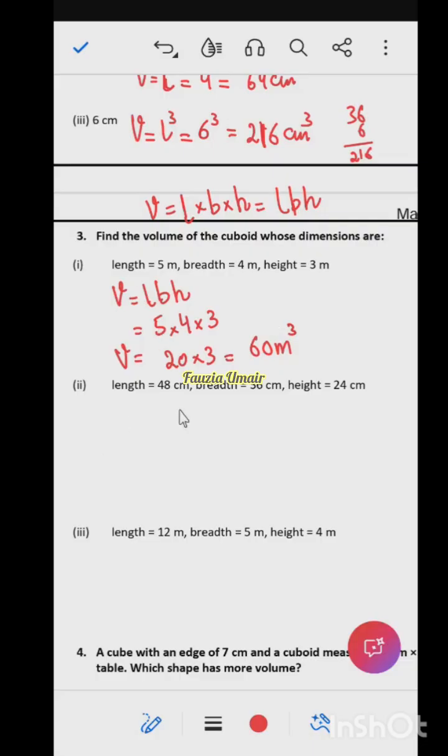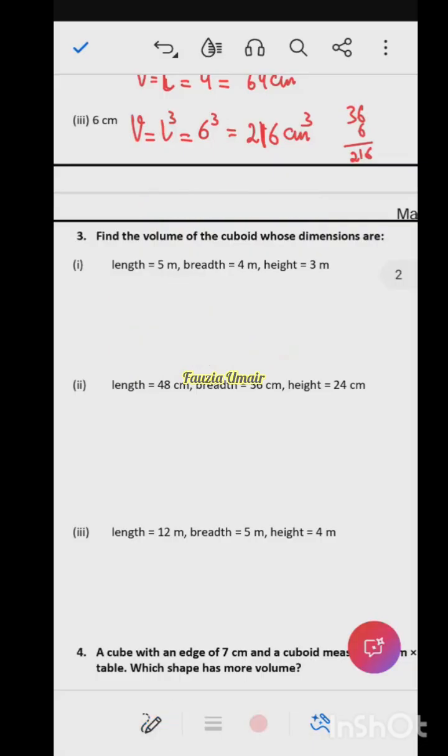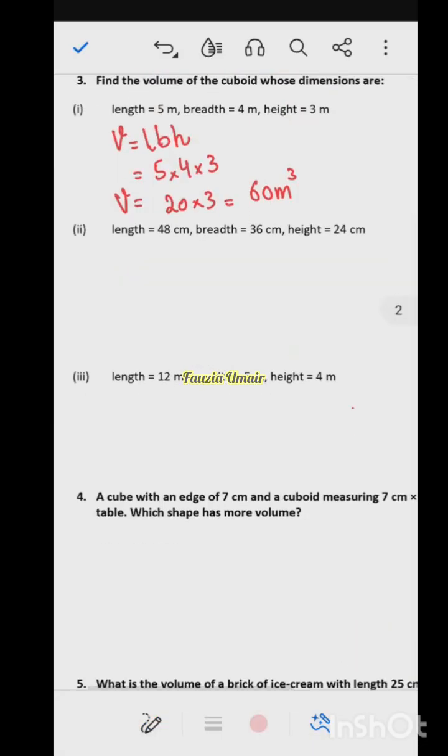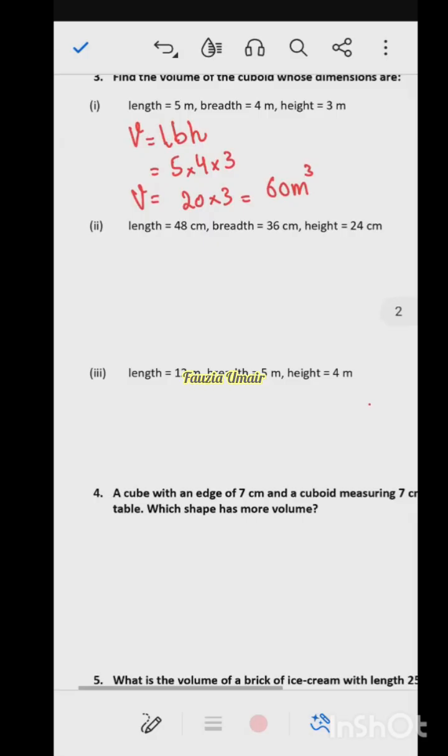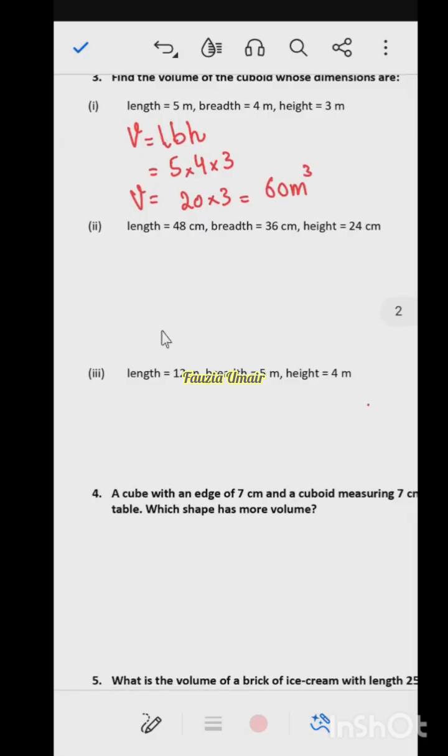So now the next one. Next is again the same easy questions. Can you do the second and the third part on your own? I will share the worksheet. ठीक है बेटा? Can you solve the next two parts on your own because you need to do the calculations? Or do you want to solve together?